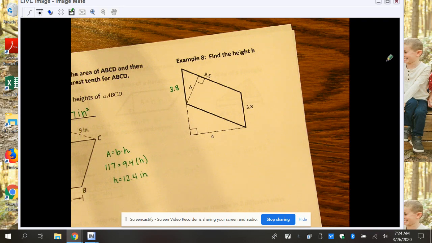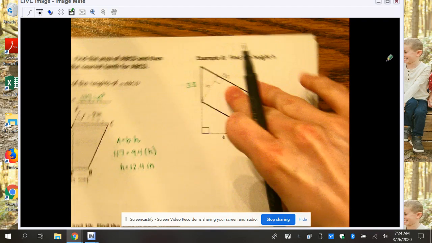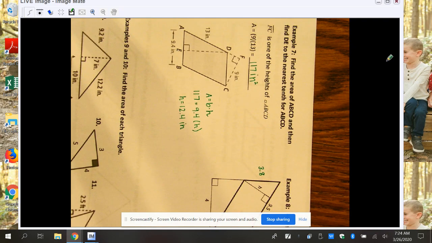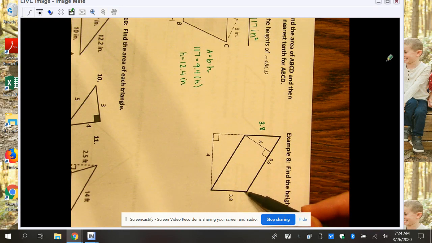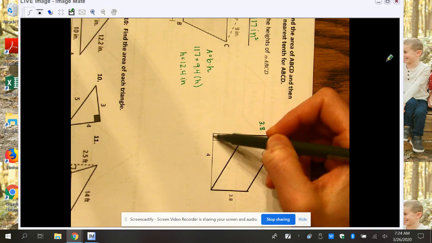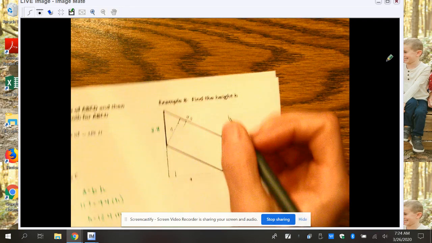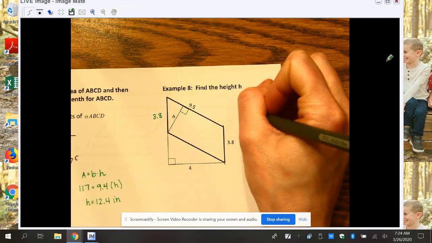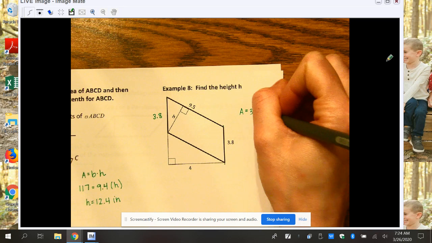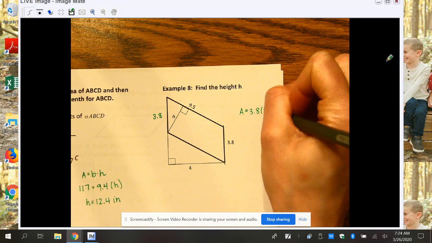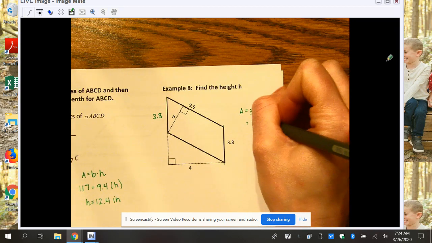And so if I turn my picture this way, now I can use this base and this height. Right? And so I can find the area of the parallelogram. And so that would be 3.8 times 4, which is 15.2.